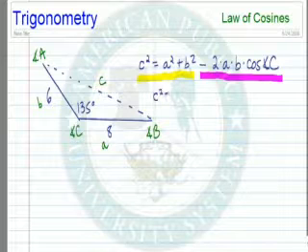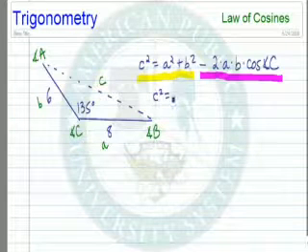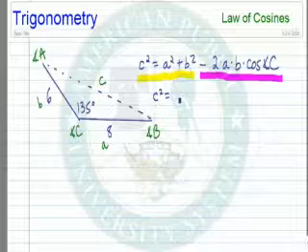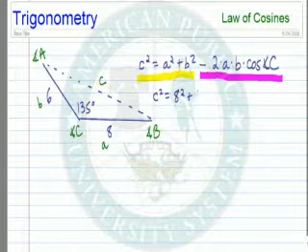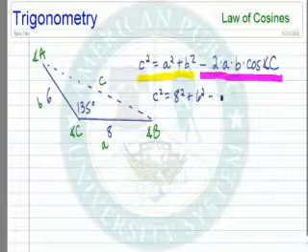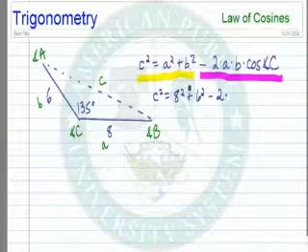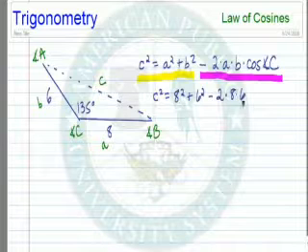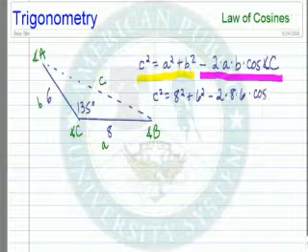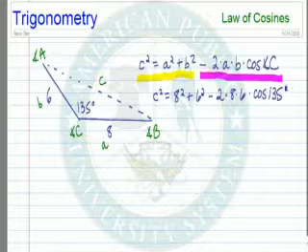So we're going to write this formula, and we're going to plug in what we already know. A squared is 8 squared. B squared is 6 squared. Minus, the 2 is always present in the law of cosines, times A times B times the cosine of angle C, and the angle C is 135 degrees.